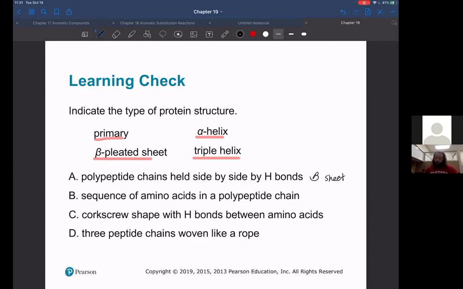The sequence of amino acids in a polypeptide chain. That's not a secondary structure, that would be the primary structure of the protein. A corkscrew shape with H bonds between amino acids. That corkscrew structure is referring to an alpha helix. And then three polypeptide chains woven together like a rope. That's a feature of the triple helix.